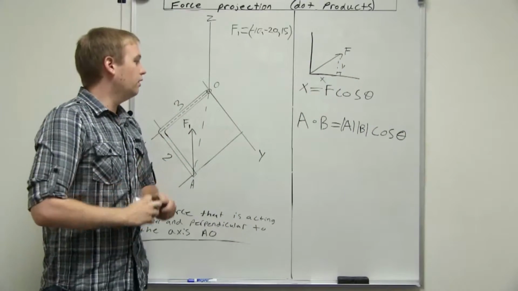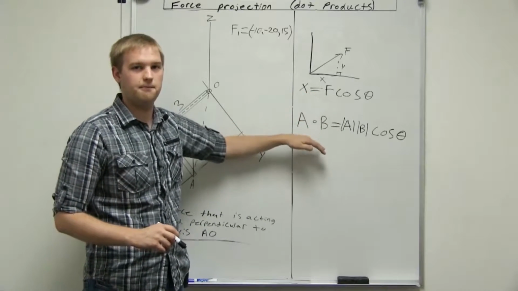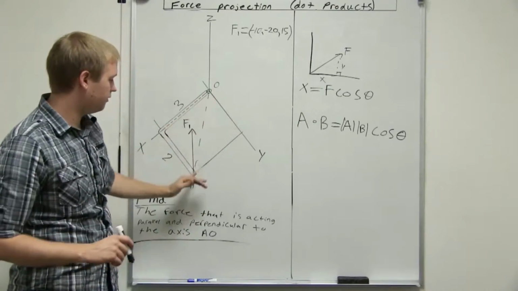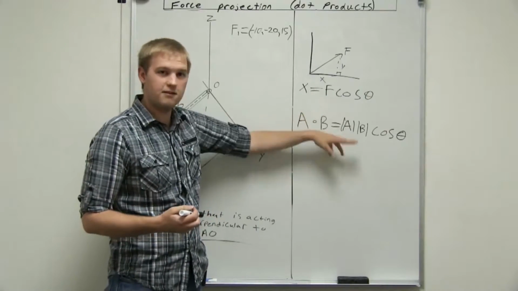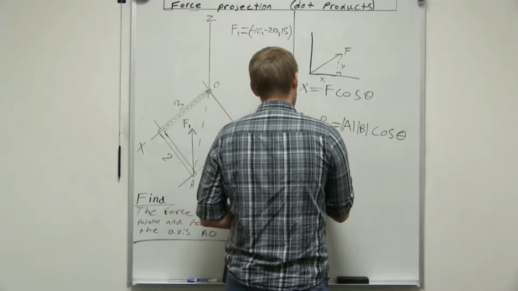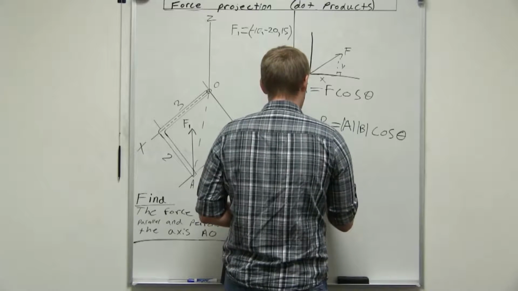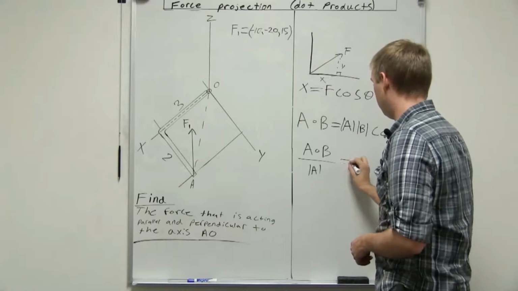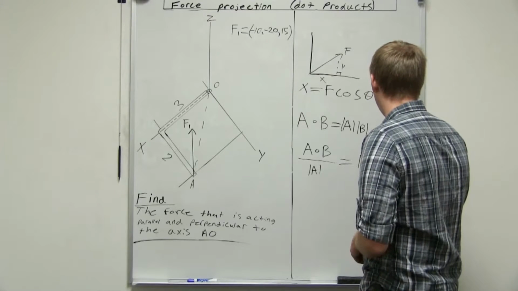Okay, so we want these two to relate, right? We're going to try to find the parallel component of this force on this axis using this. Well, to get these to look the same, we have to divide A over. So what we're going to do is A dotted with B divided by the magnitude of A, and that's going to equal the magnitude of B times cosine theta.